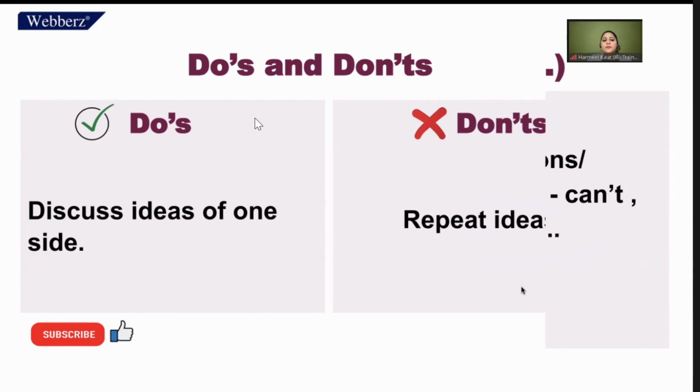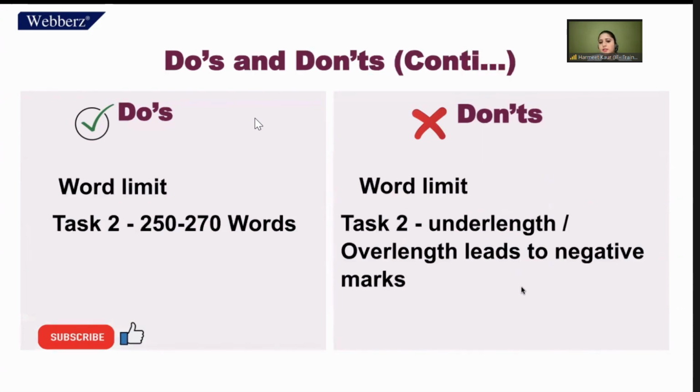Next is word limit. This is a very crucial part of this. There are many students who come to classes and say, ma'am, my writing is not getting into that limit because I tend to write more. My ideas are lengthy.